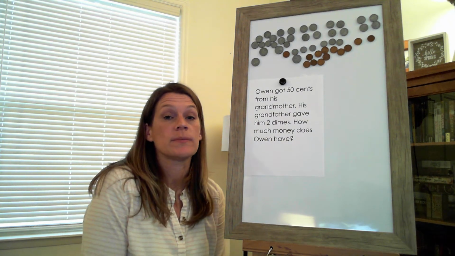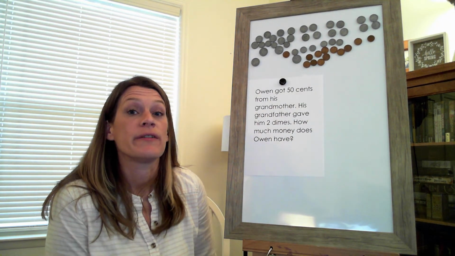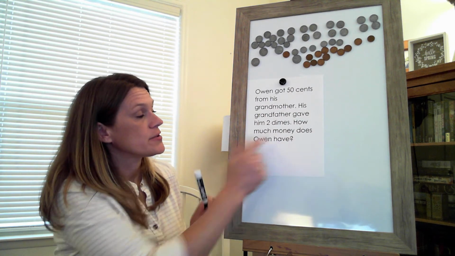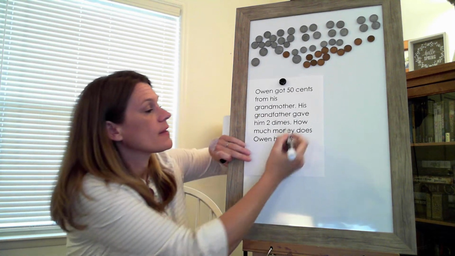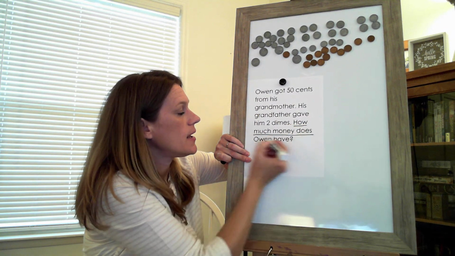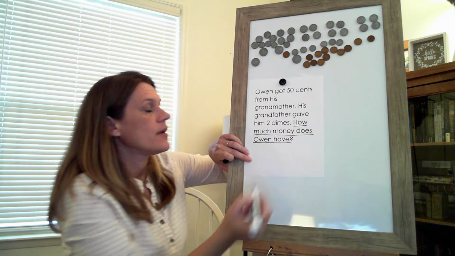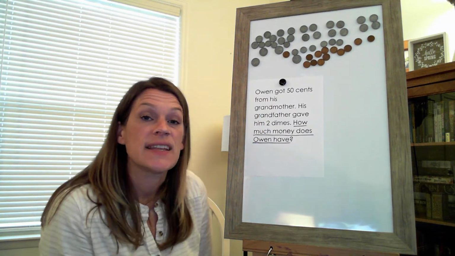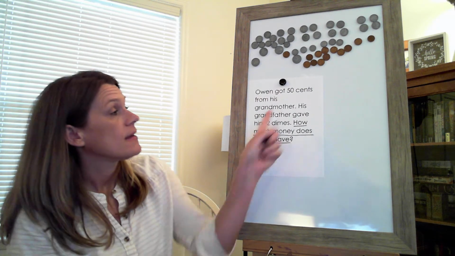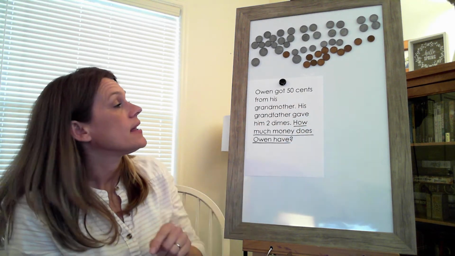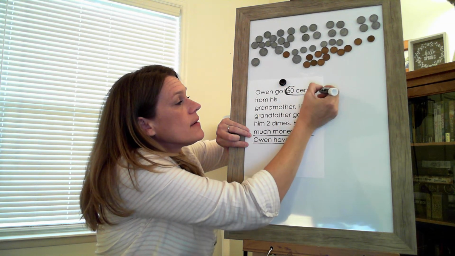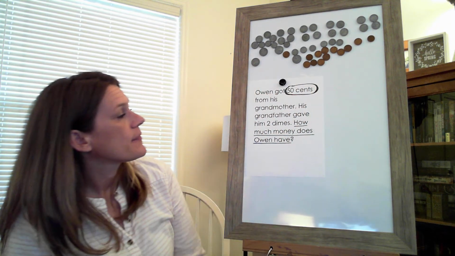All right, word problems. First thing, you find the question. And we know it's the question because there's a question mark at the end of it. All right, so here's our question. How much money does Owen have? What information did they give us? Let's see. Here's one. He got 50 cents from his grandmother. What a kind grandmother.